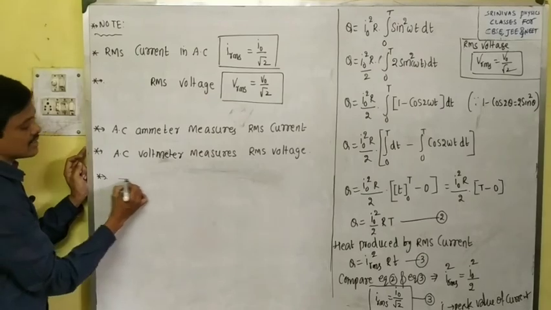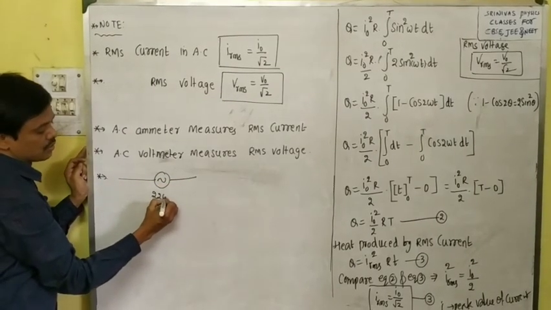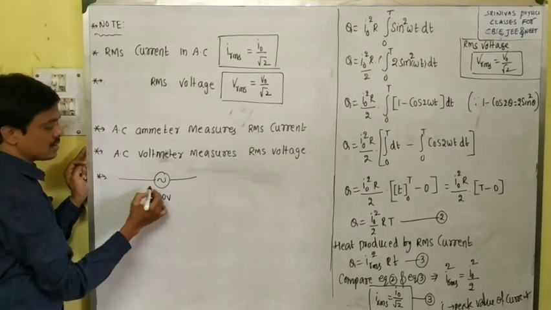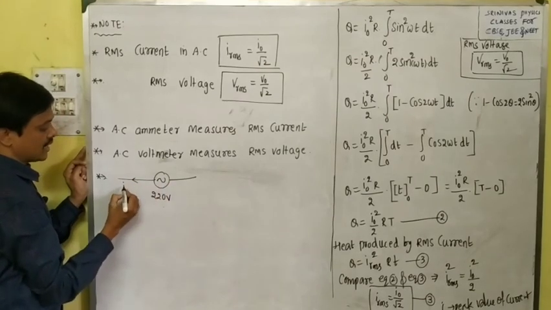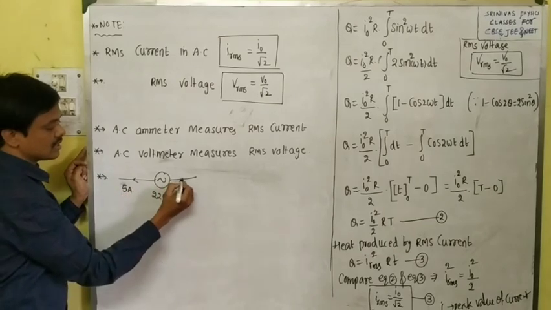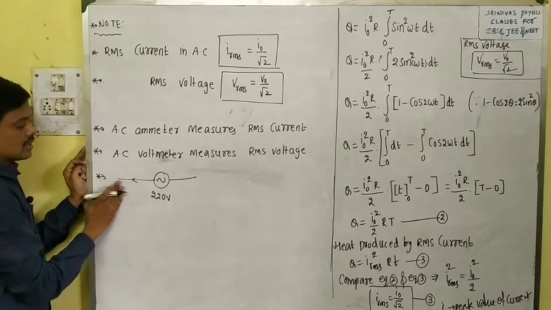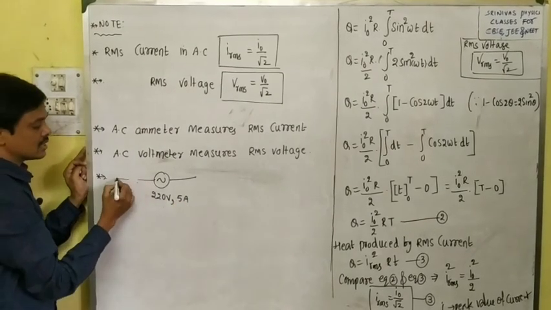For example, they gave like this: the AC source voltage is 220 volts. It supplies some current at any instant of time, for example 5 amperes, 220 volts, 5 amperes.